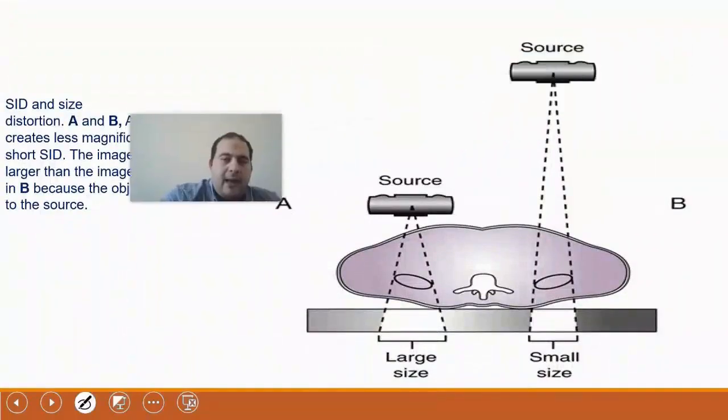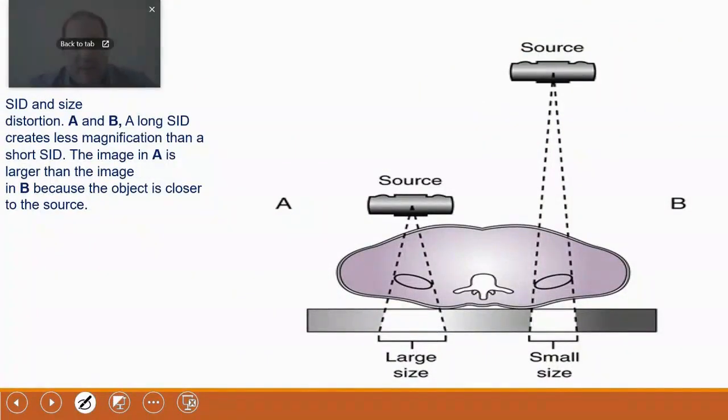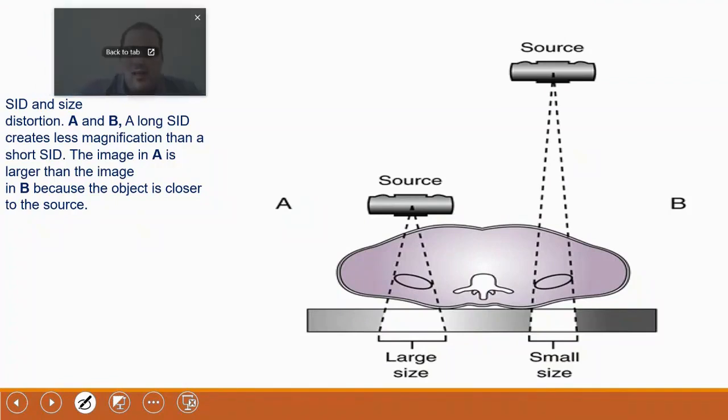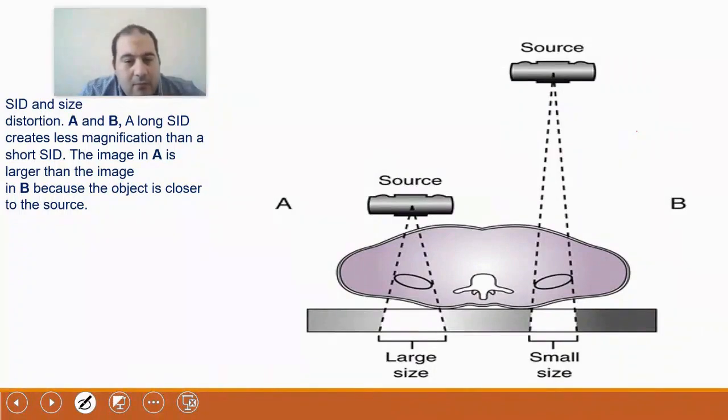for example, I have two objects, as you can see, and I made the distance between them and my object large, which means my SID is large. Then I took a picture of another object and brought my X-ray closer to my object. What will happen? What will happen is something called magnification.